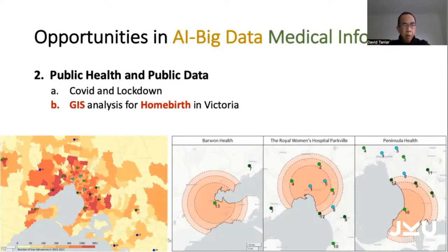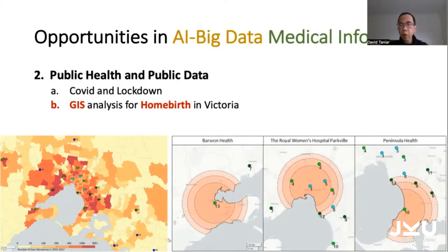The government wanted to increase to 2% or more, right? So basically here we analyze the data and then where they live, because there is a condition, then the pregnancy should be normal, and you must have access to the hospital within 30 minutes, right? Just in case if there is any complications, right?